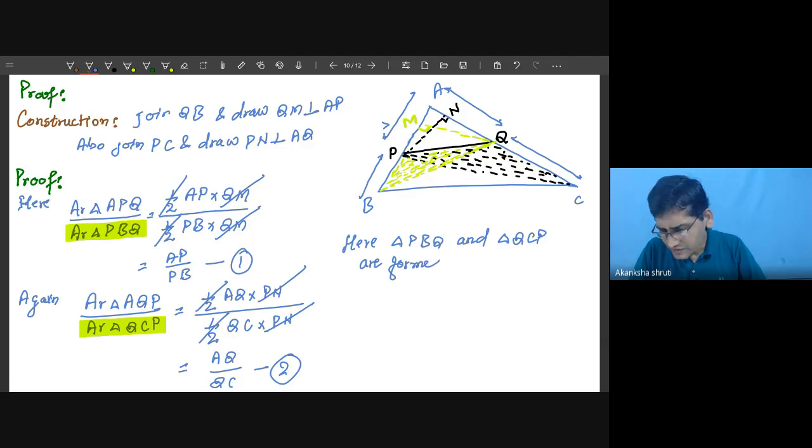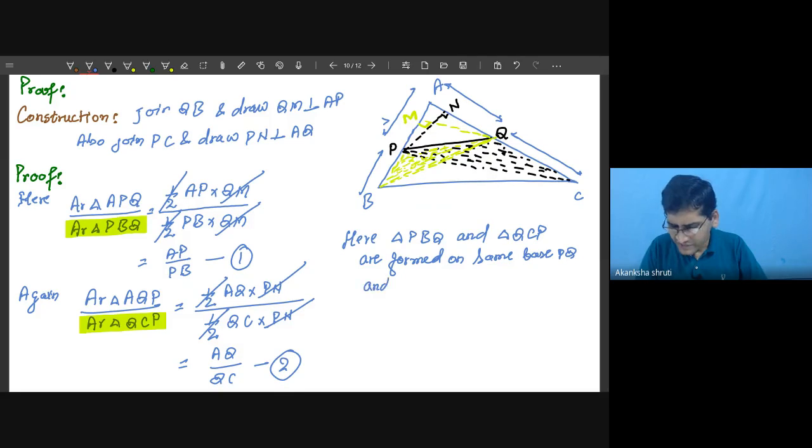on the same base. What is the same base? It is our PQ, and they lie between the same parallels, that is, BC parallel to PQ.